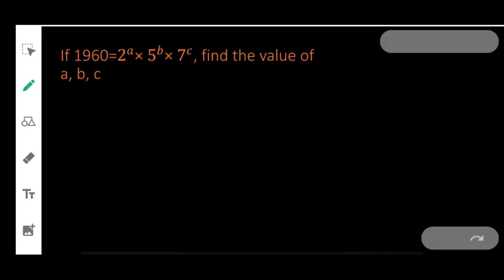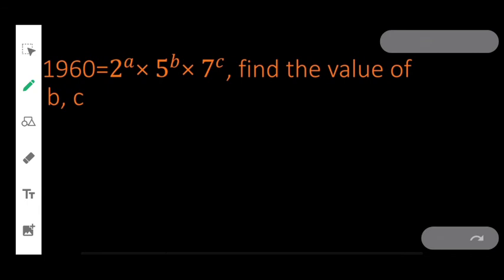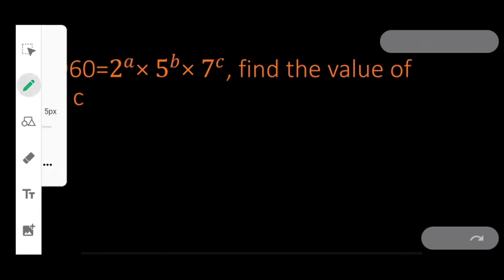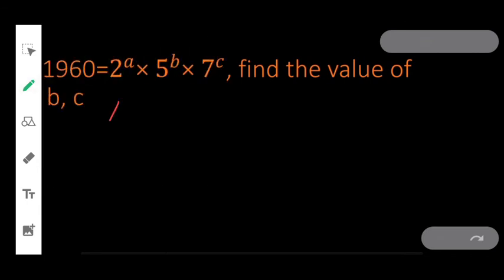If 1960 equals 2 to the power a into 5 to the power b into 7 to the power c, find the value of a, b, c, and also find the value of 2 to the power minus a into 5 to the power minus b into 7 to the power minus c.